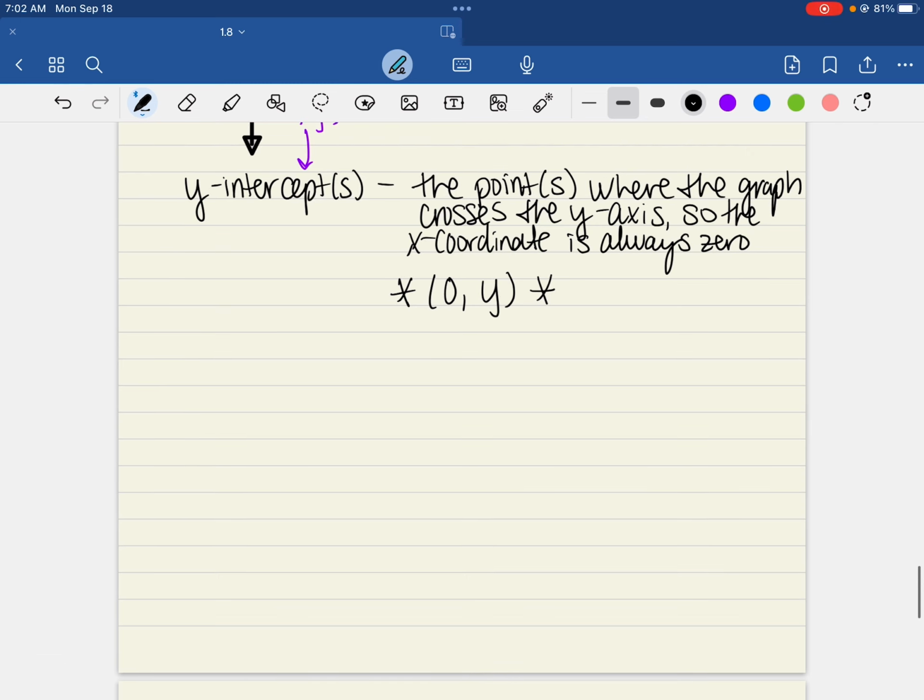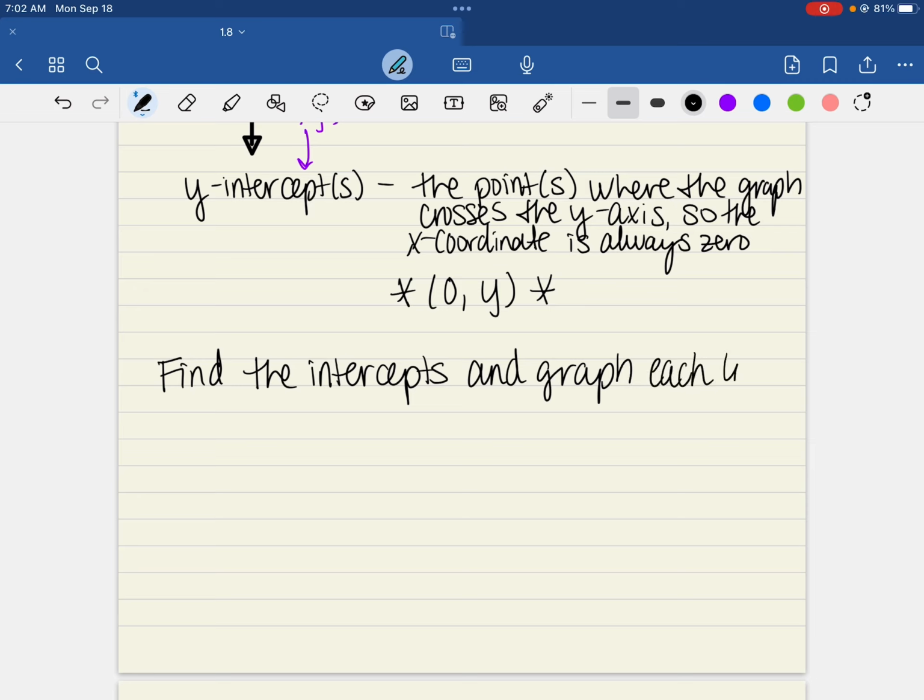So the instructions are to find the intercepts and graph each line using only the intercepts.